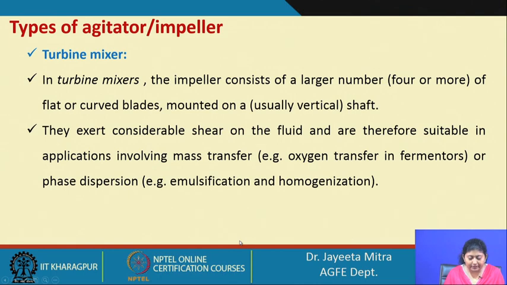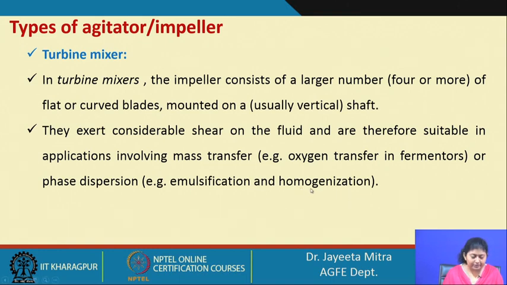They exert considerable shear on the fluid and are therefore suitable in applications involving mass transfer, as for example oxygen transfer in fermenters, or phase dispersion, as for example emulsification and homogenization.